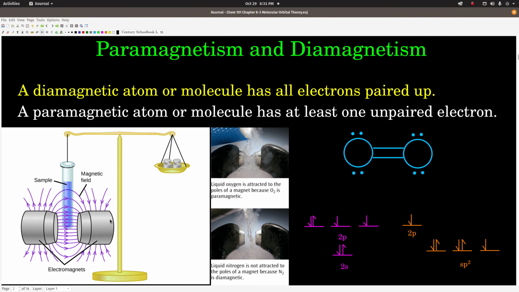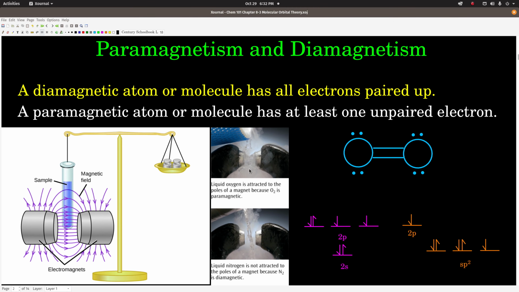And so if you put a paramagnetic species, atom or molecule, into an external magnetic field, all of the electrons that are unpaired, their magnetic fields will line up with the external magnetic field, and it will be attracted to the poles of the magnet. So it pretty much stays there and its weight decreases. So what you do with the Gouy balance is you weigh the sample before you turn on the magnetic field and after, and we're able to calculate by the difference how many unpaired electrons there are.